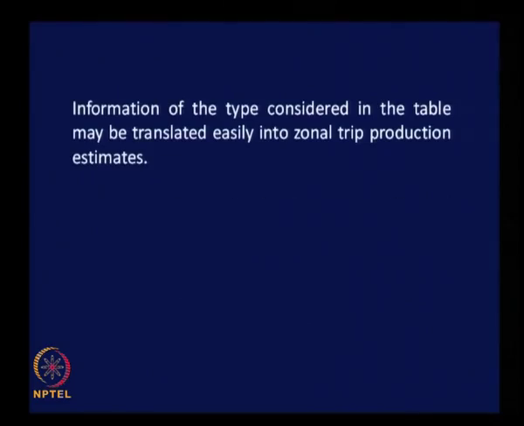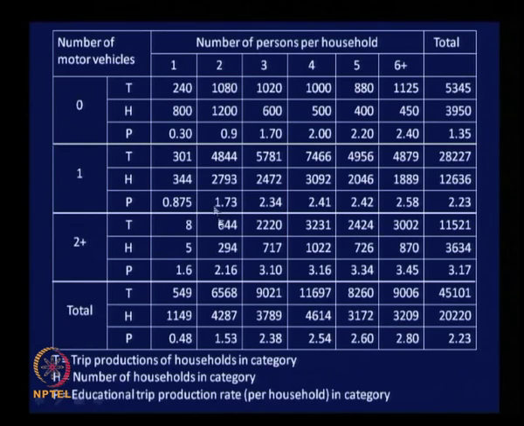Otherwise I will just go back and tell you clearly what is understood by the cell. So each square is a cell because it has got a distinct identity. This number pertains to 3 person household owning no vehicle. So that is how we need to understand the cells in this particular table.